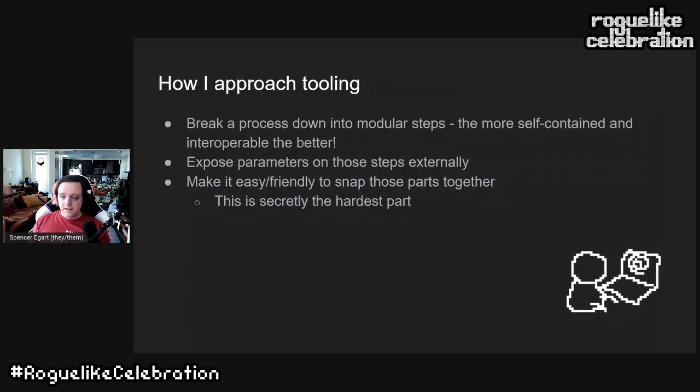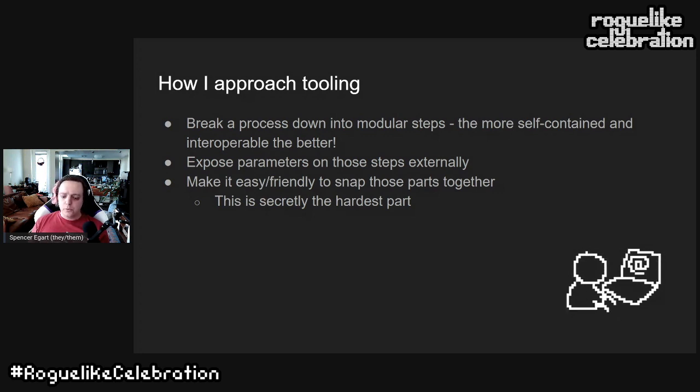So to kind of summarize the general approach that I go with when I'm doing any kind of tooling like this, as I've said, the first thing is to kind of break it down into modular self-contained steps. And these kind of become like Lego pieces.